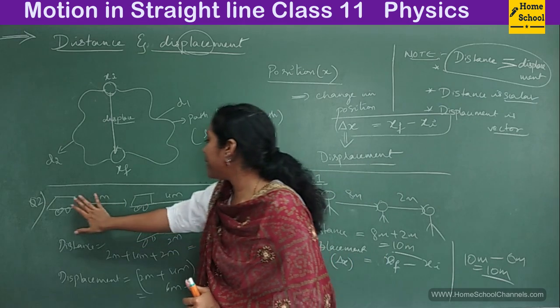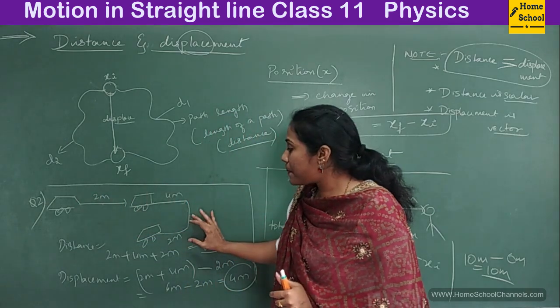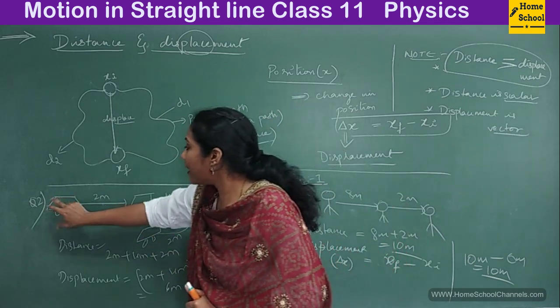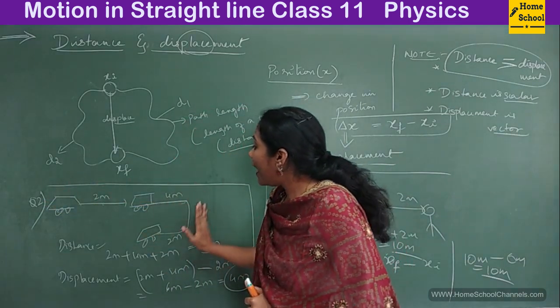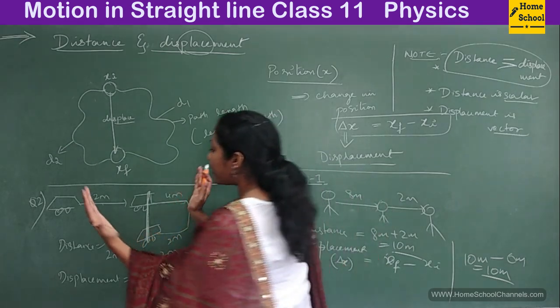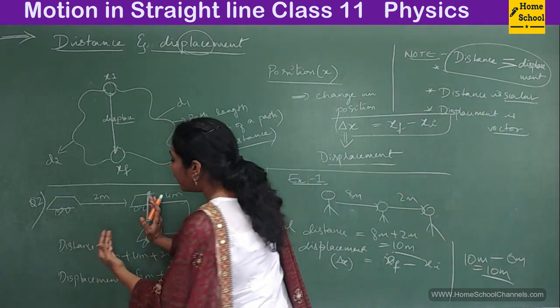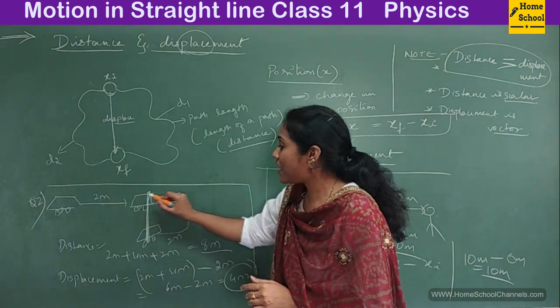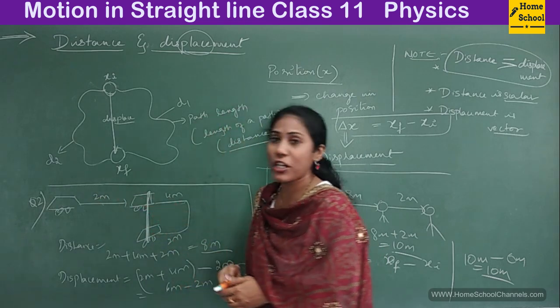Whereas when you come to displacement, direction also matters a lot. See, the car was here, it came here, again it took a U-turn and now the position of the car is this. So this much is your displacement. Hope you are getting my point. Displacement is final position minus initial position.